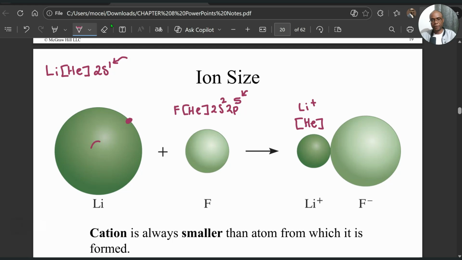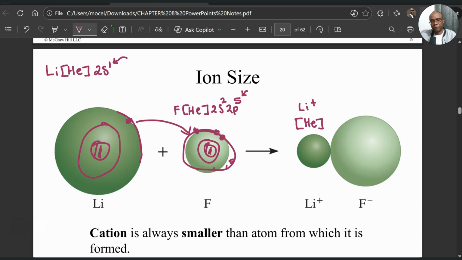Suppose this is the outermost energy shell. Lithium loses that 1 electron to fluorine. Suppose that this is the outermost shell of fluorine. It gains it there to pair up probably with 1 electron that was out there. Remember, you have 7 valence electrons to pair them up.